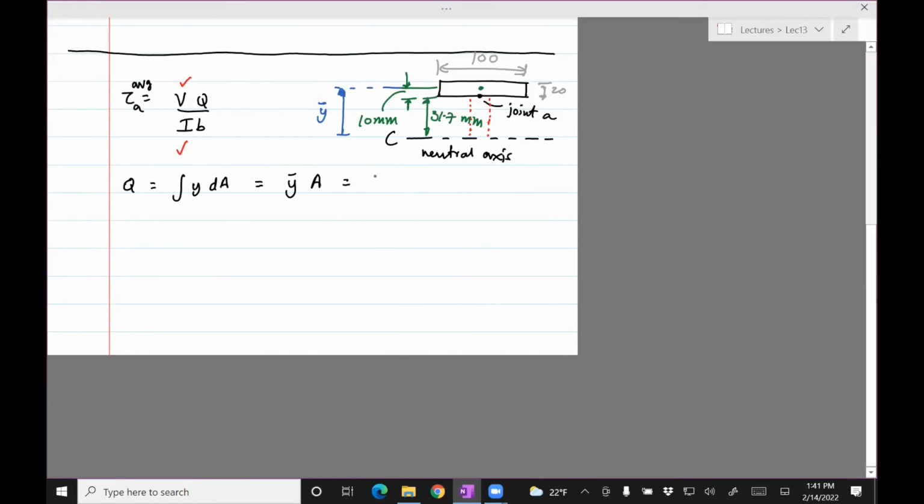So we have 41.7. I need to convert that to meters, so 10 raised to -3. And then the cross-section area is 100 mm, which is also 0.1, and 20 is equal to 0.02 meters.